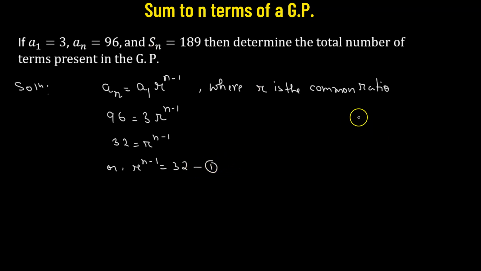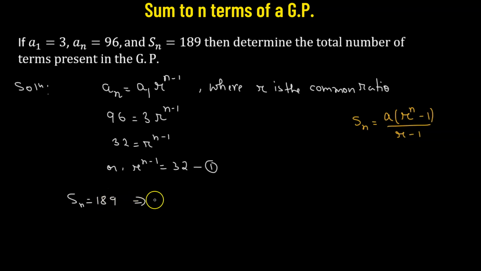Now we also know that the sum up to the n terms of a geometric progression is given by the formula a, which is the first term, multiplied by r raised to the power of n minus 1, divided by r minus 1. Now in our case, the sum is already given. So our sum up to the nth term has a value 189.